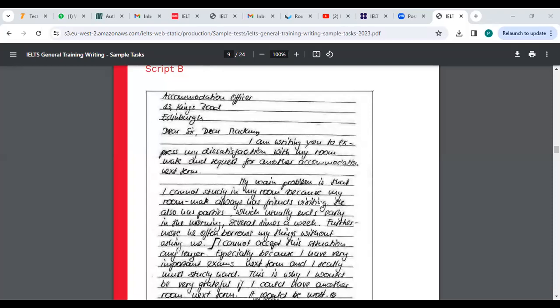Furthermore, he often borrows my things without asking me. I cannot accept this situation any longer, especially because I have very important exams next term, and I really must study hard.